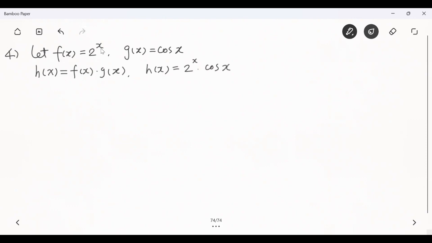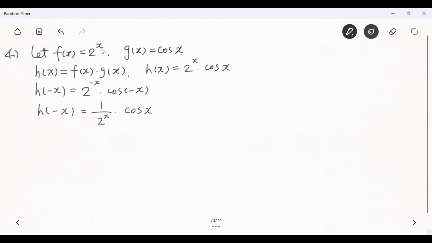Next, substitute the x with negative x, right? Put the negative x in the x. So the right side becomes 2 to negative x times cosine negative x, right? Then simplify, it becomes 1 over 2 to the power x times cosine x. Because cosine x is an even function, so this term has no change. That means cosine negative x still equal cosine x.